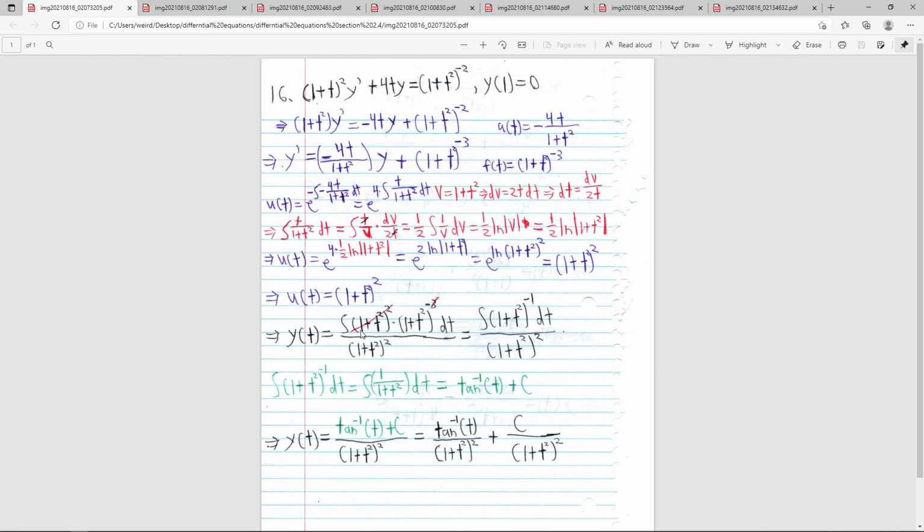When we get down to it, 1 plus t squared raised to, all squared, times 1 plus t squared to the negative 3 power. We only have 1 plus t squared to the negative 1 power to integrate, basically, dt.